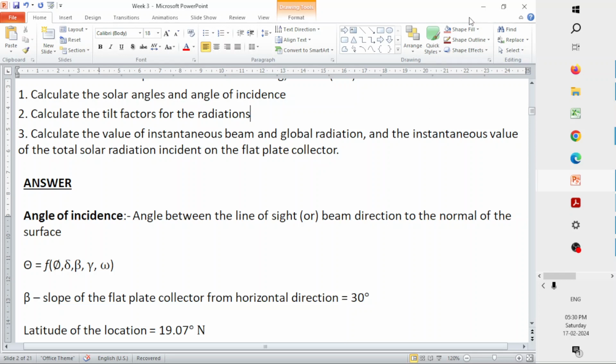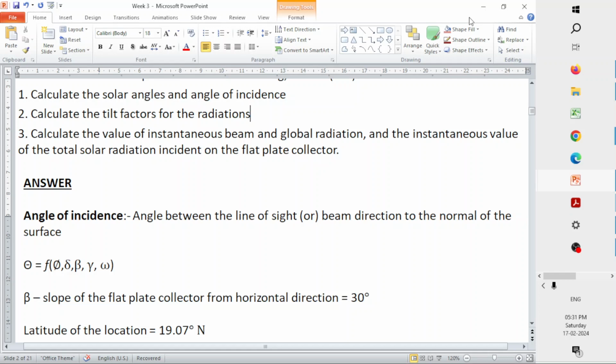Then you have the diffusive radiation. When solar radiation enters the atmosphere, some of it falls straight to the ground. Some undergoes scattering in the atmosphere and gets diffused, that is, its direction changes during the course of coming from the sun to the ground.